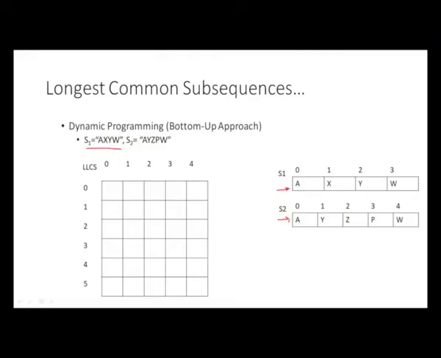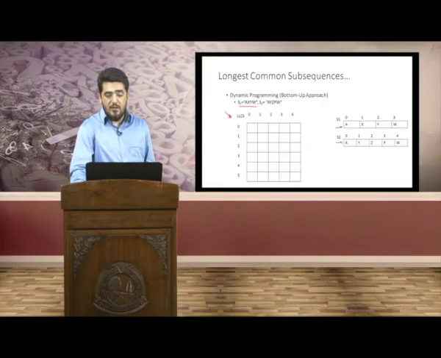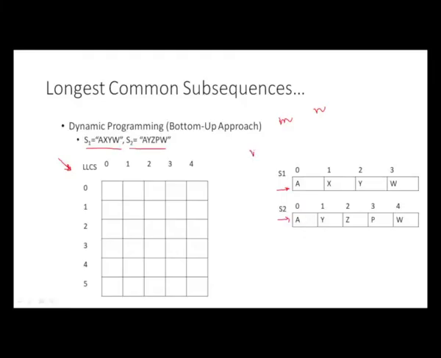Now, for a dynamic programming solution, we will simply maintain a two-dimensional array named LLCS with dimensions, let us suppose for example, the length of one sequence is m and the length of another sequence is n. We will maintain a two-dimensional array with dimensions m plus 1 cross n plus 1.